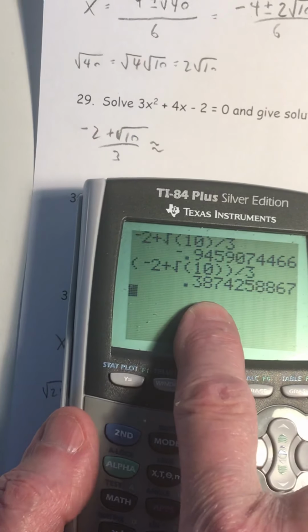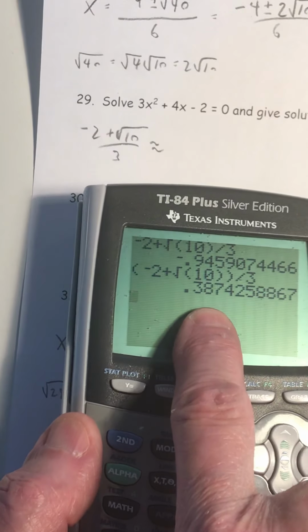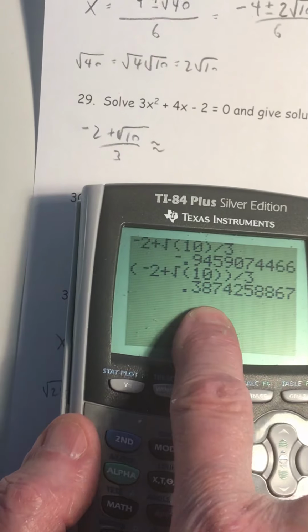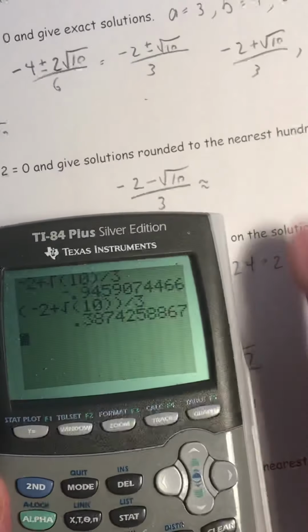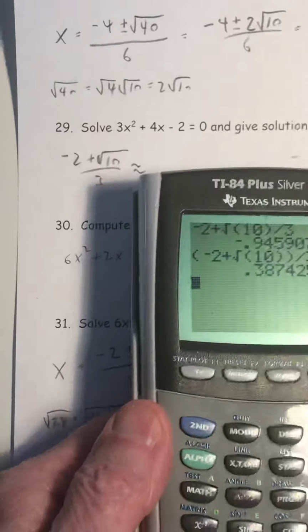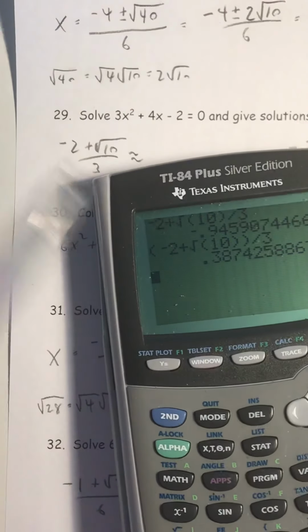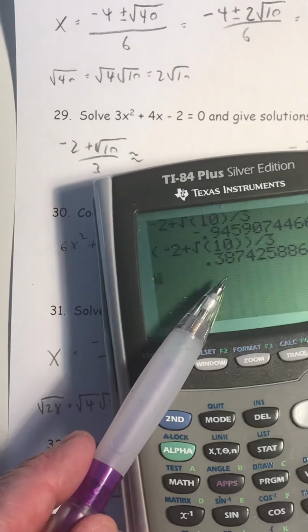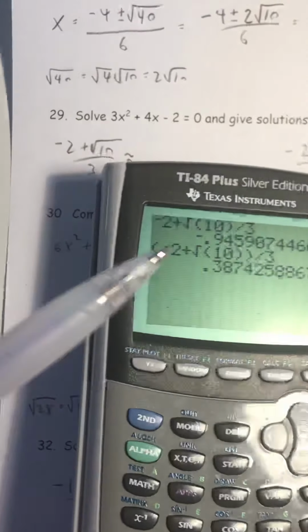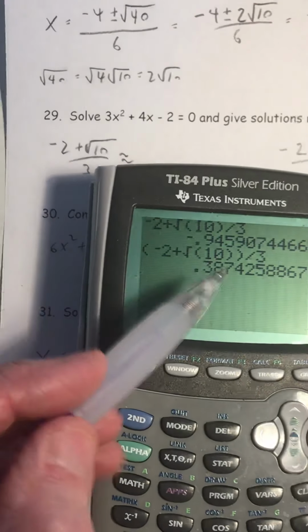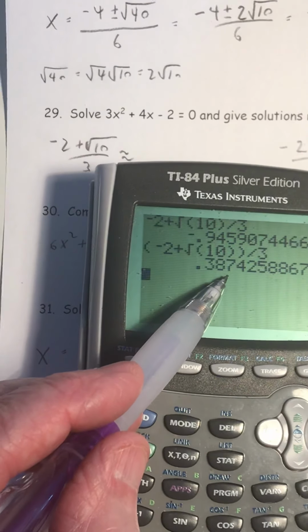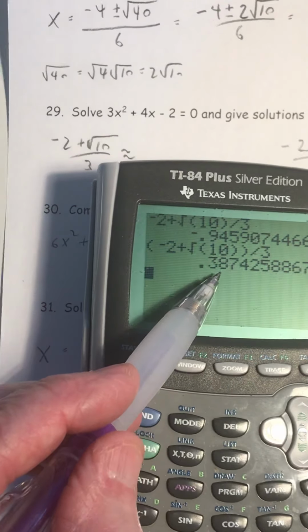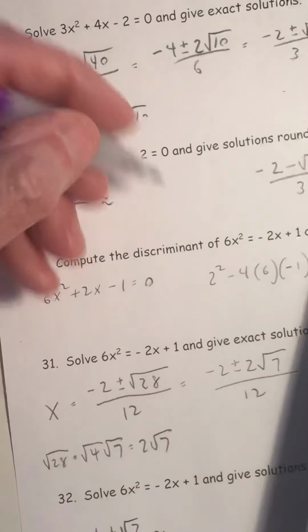It's coming out a little more than 1/3, like we sort of ballpark predicted. Okay. Now rounding that to the nearest hundredth. Where's the hundredths? That's the tenths, that's the hundredths. Next digit is 5 or more. We round up, so I would say 0.39.